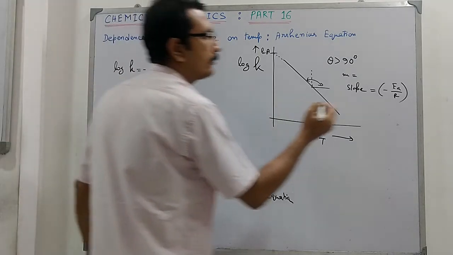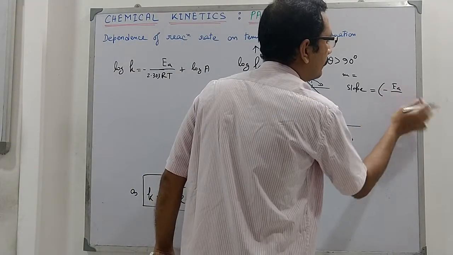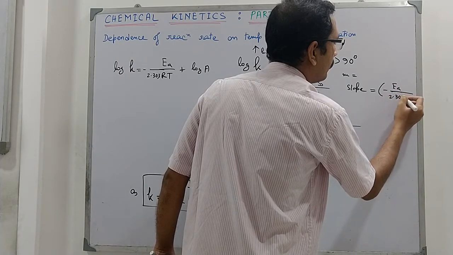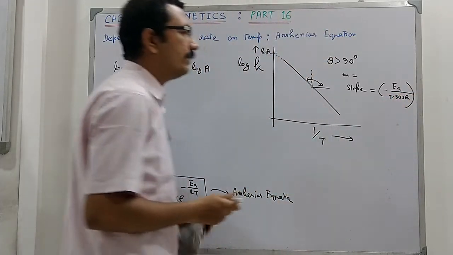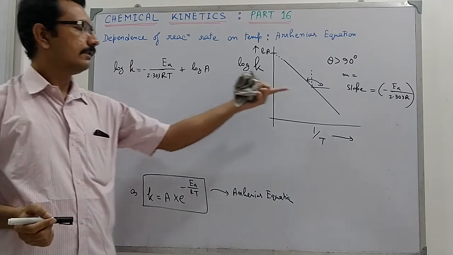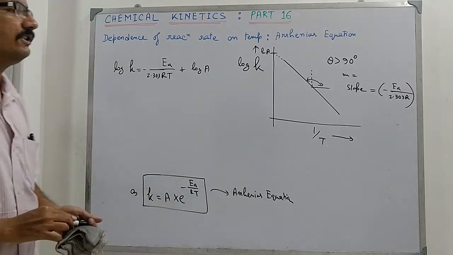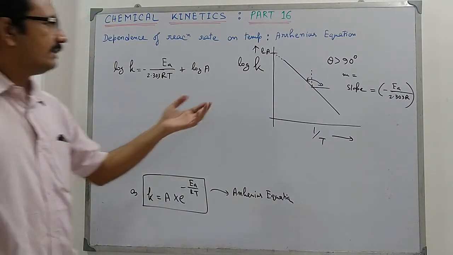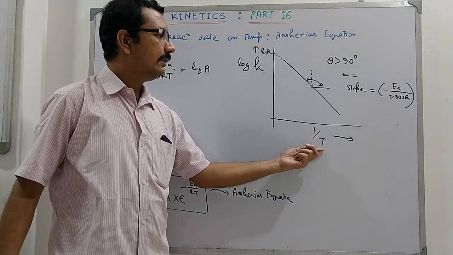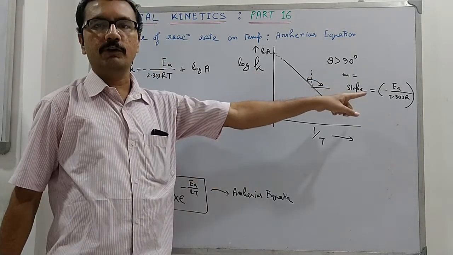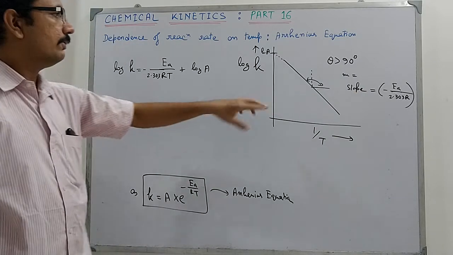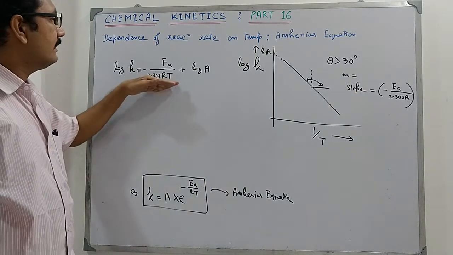Now in that case the slope will look like this, minus EA upon 2.303R. Now if you have the data of k versus T, then from the slope you can have the value of activation energy. So you can solve problems using this relation.